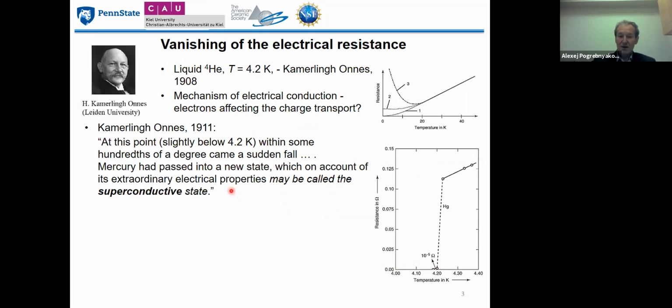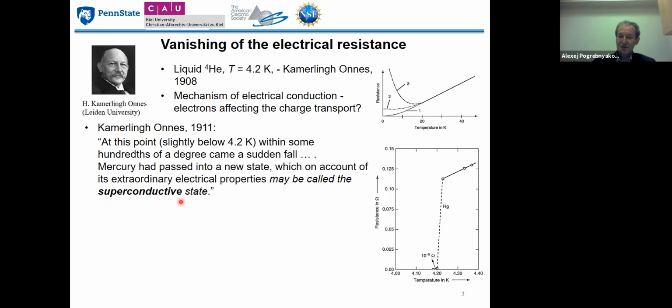And as Kamerlingh Onnes wrote in the proceedings from that institute, this sample passed to a new, unknown state that he called the superconductive state.